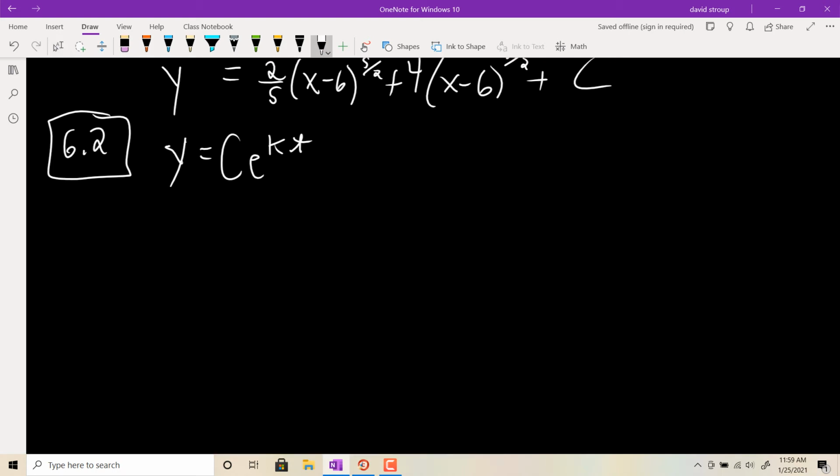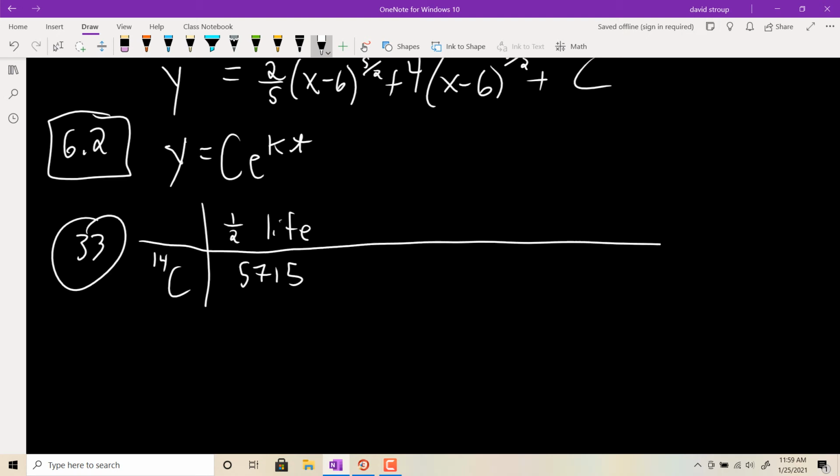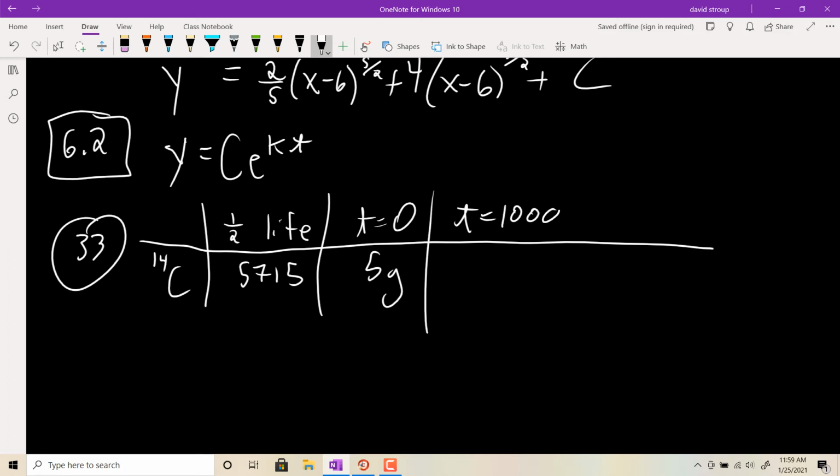Like number 33, we have carbon 14, and they give you the half-life, 5715 years, and I think they also give you in this problem the initial amount, and they want to know how much is left after 1,000 years, and then how much is left after 10,000 years.